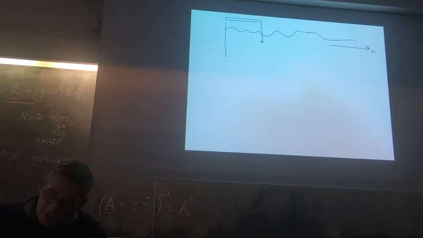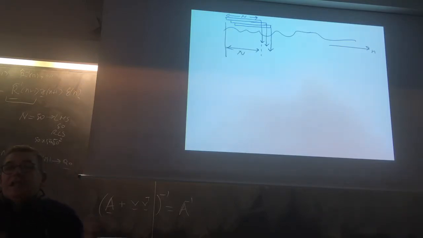Then I slide here and I get an output, then I slide again and I get an output, and so forth. Of course, this one is capital N. So my output is shifted by capital N, because I need to take N samples to filter. So this is what happens if I initialize R_0.